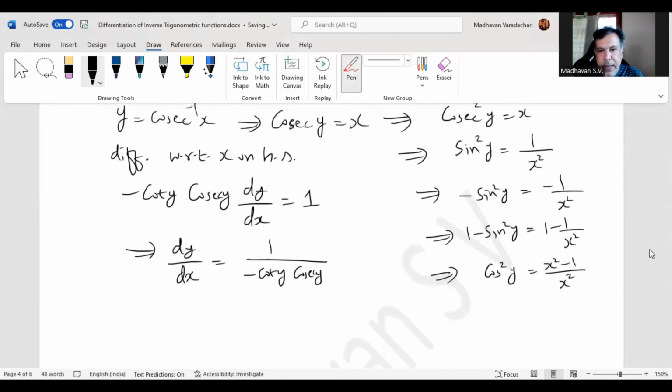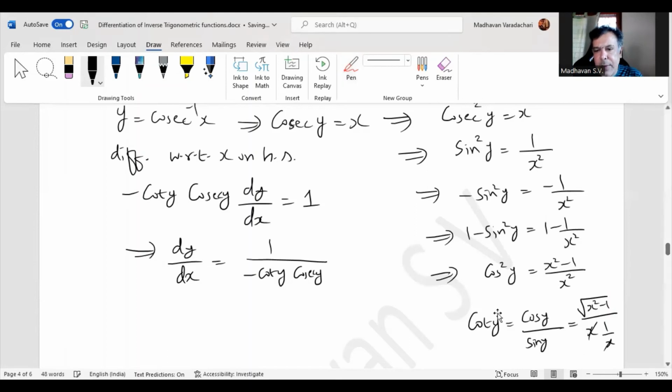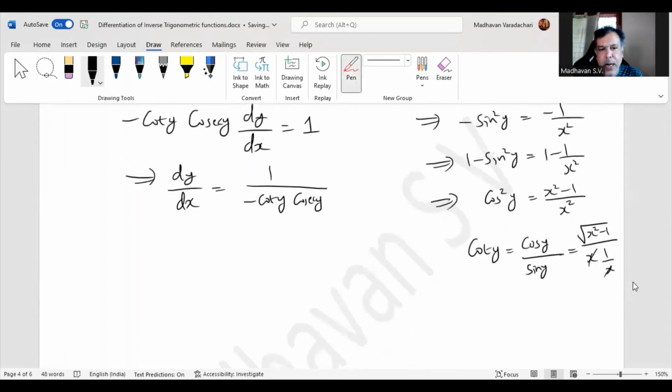Now, cot y is nothing but cos y by sine y. So, cos y is root of x square minus 1 by root of x square, and sine y is 1 by x. So this and this get cancelled. You get square root of x square minus 1.